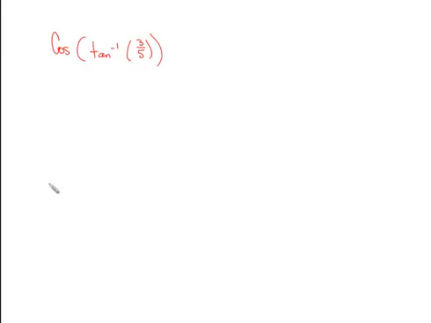Remember, folks, that what the inverse function does is it takes the ratio of sides of the right triangle. In this case, with tangent, it's taking opposite over adjacent, and it returns an angle. This tangent inverse of 3/5 is an angle theta. And so whenever we have the inverse function on the inside, we are going to draw the picture of our angle.